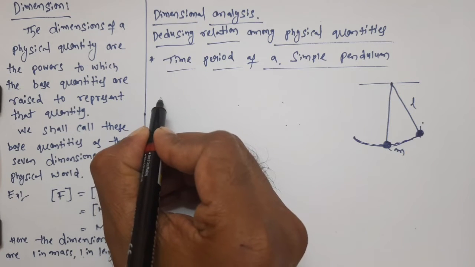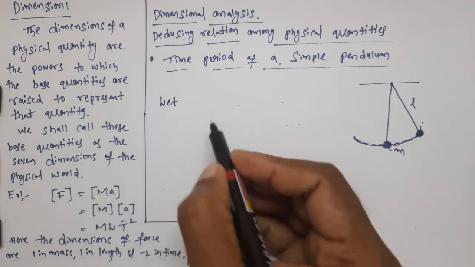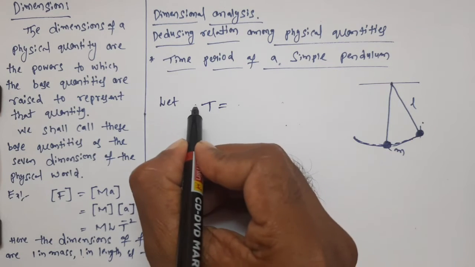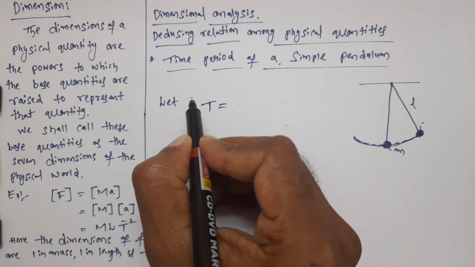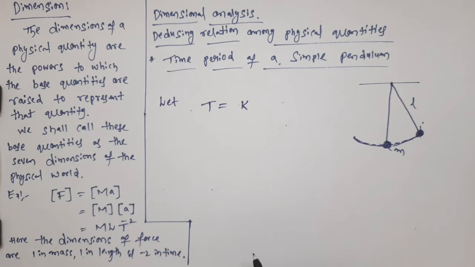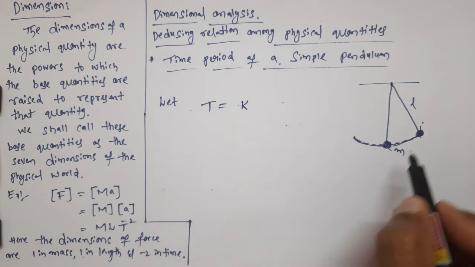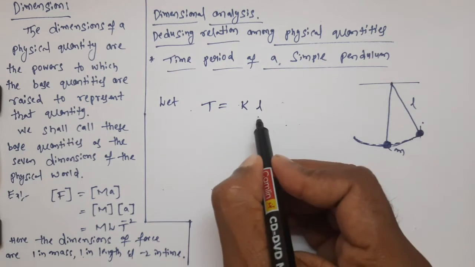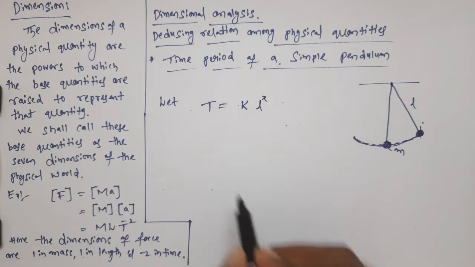For that, let T equal to k. I am assuming that k is a constant of proportionality, and I am assuming that the time period depends on length, so I am taking L power x.